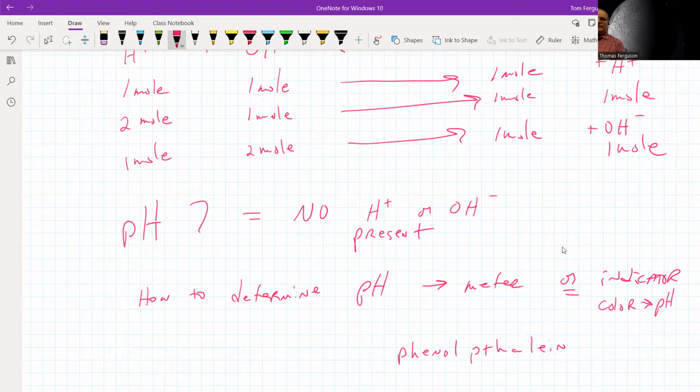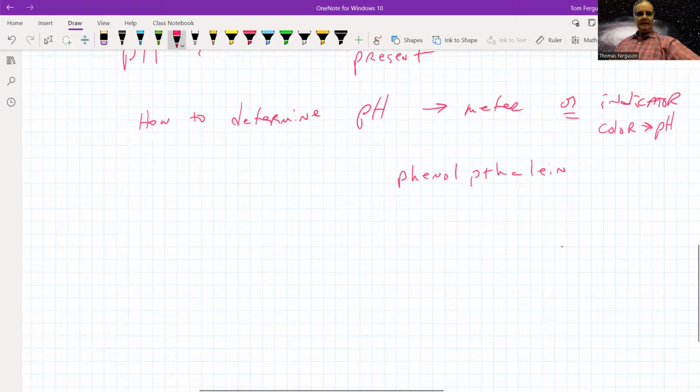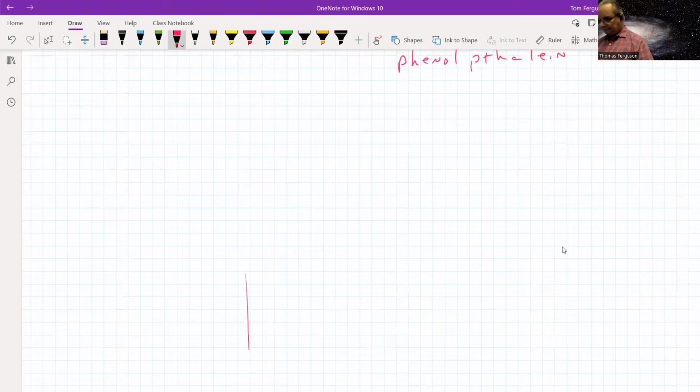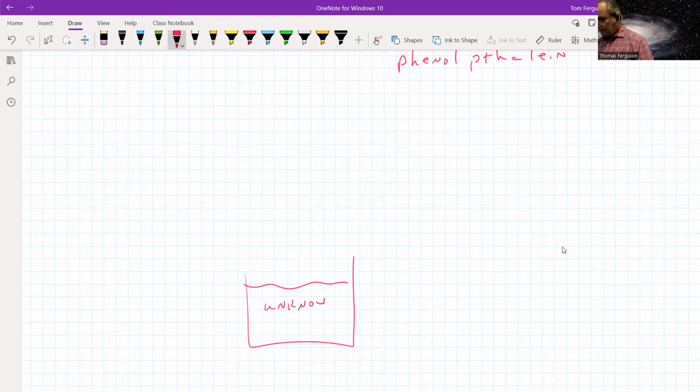Okay, so what we do is we start with an unknown acid in a beaker. The goal is to determine the concentration of the acid in the beaker.